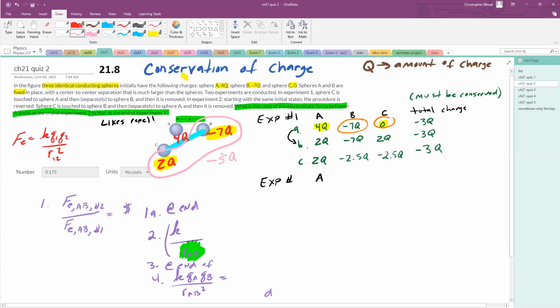All right. So what kind of distribution will happen if particles B and C between them have a total charge of negative 5Q and they're brought into contact?